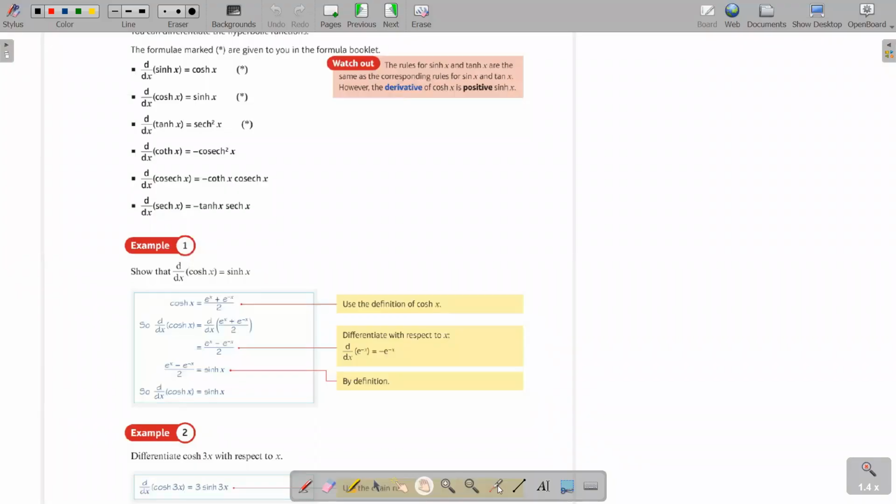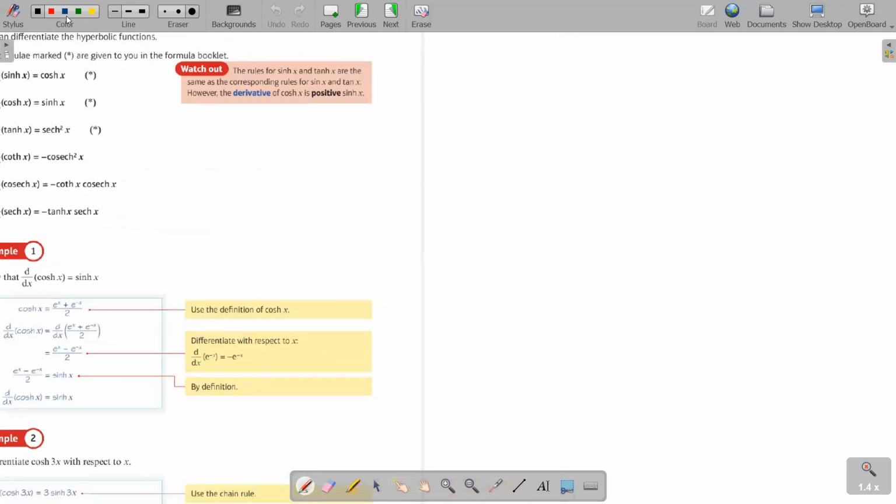Okay, so before we use the rules directly, let's try to do a proof of this rule. In this example, they have done the differentiation of cosh x with respect to x and shown how it becomes sinh x. Shall we do it? We'll do it manually. We know cosh x is equal to what? The hyperbolic functions were introduced to you in chapter 1, right? Cosh x is e^x plus e to the power minus x over 2.